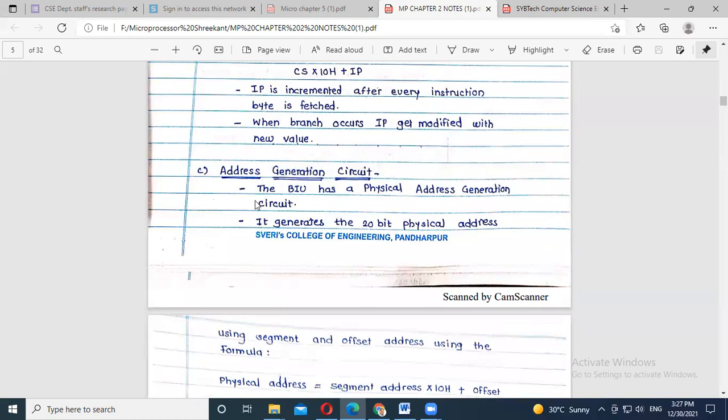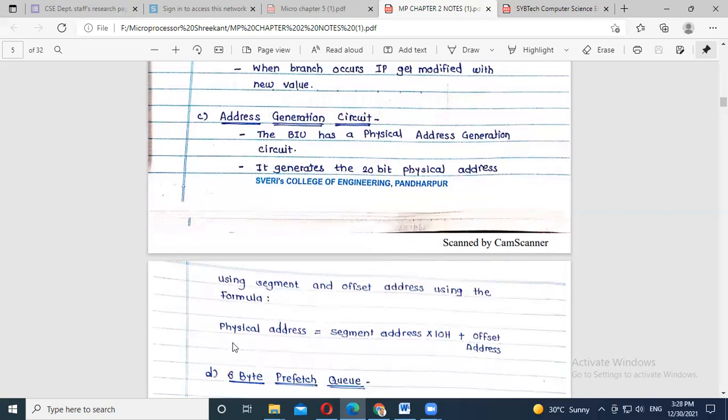In the bus interface unit, we also have the physical address generation circuit, which generates the 20-bit physical address using a segment and an offset address. This is very much useful for 16 plus 4: 16 is for segmentation and 4 is for the instruction pointer. Totally the physical address becomes 20 bits.